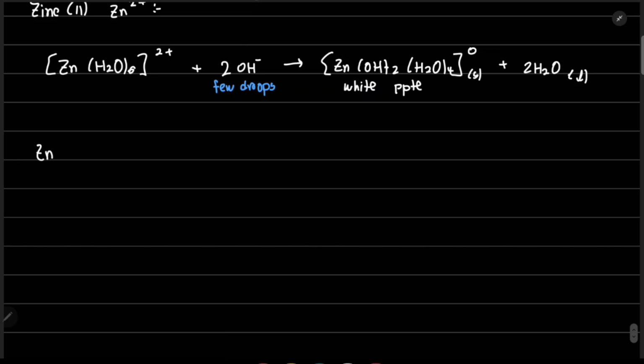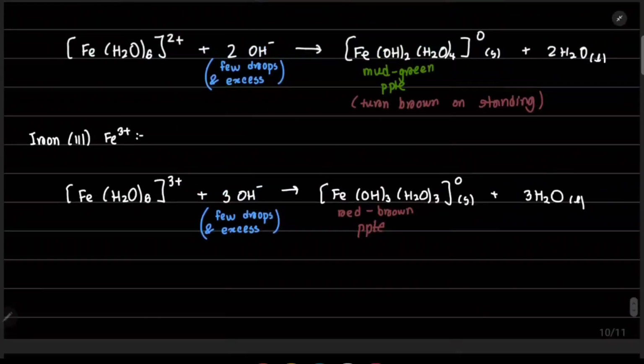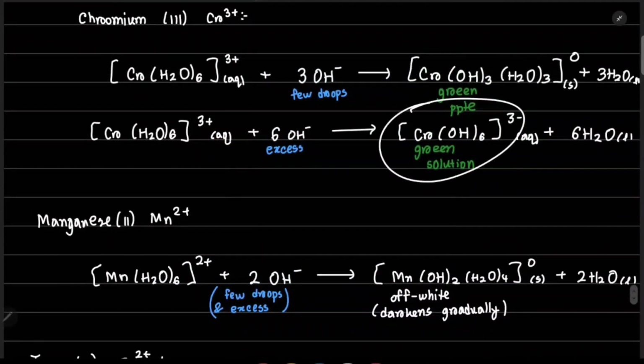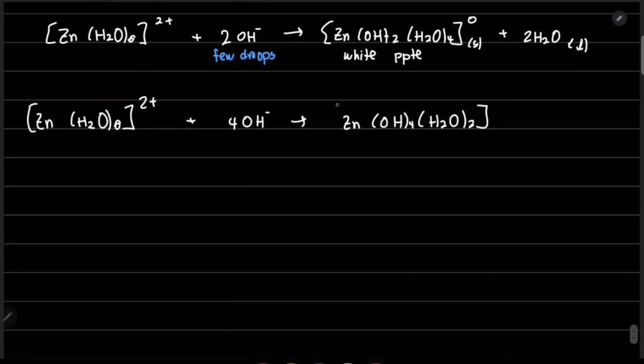Now zinc reacts with excess OH-. So [Zn(H2O)6]2+ reacts with excess OH-, so 4OH- over here, and forms [Zn(OH)4]2-. This is different from what chromium does. Chromium forms [Cr(OH)6]3-. You have to remember the fact over here.